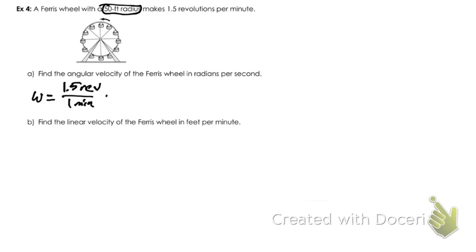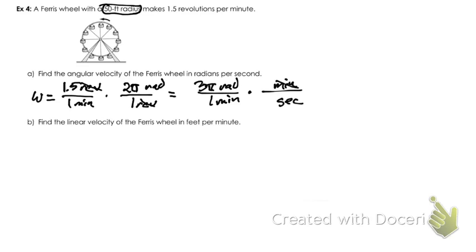We're going to convert that to radians by multiplying by 2 pi radians per 1 revolution, which is going to equal 3 pi radians per 1 minute, because the revolutions would cancel out. And so we're almost done, because it actually wants it per second. So we do need to make it into per second, so we're going to put our minutes over our seconds, so our minutes cancel out.